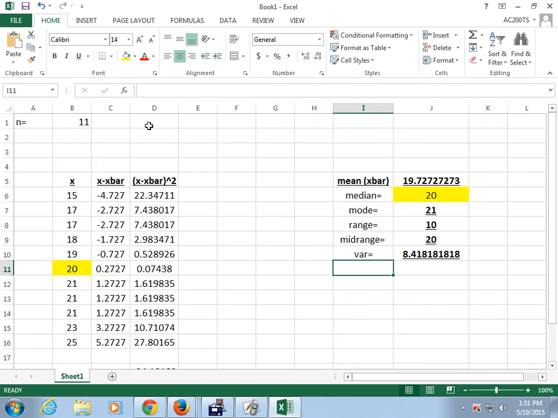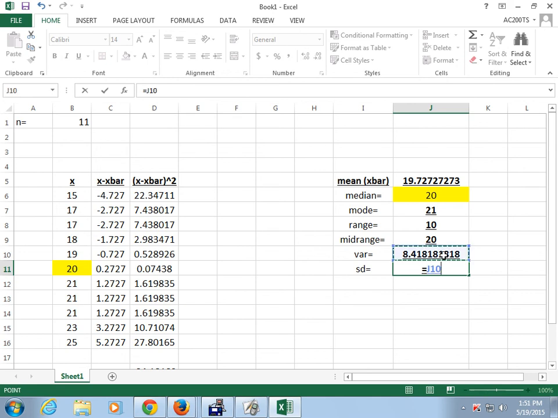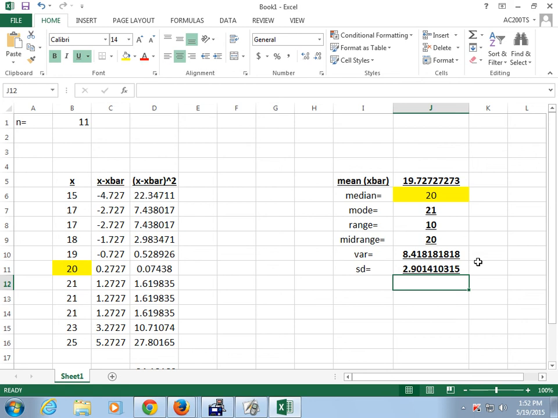And then the standard deviation is equal to that number raised to the 0.5 power, or the square root of 8.48, 2.9. X bar is you add up all the numbers and divide by 11.